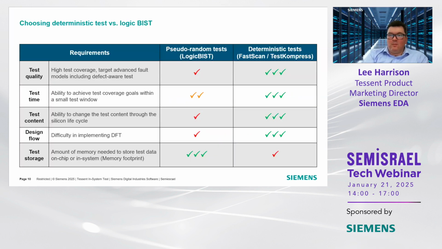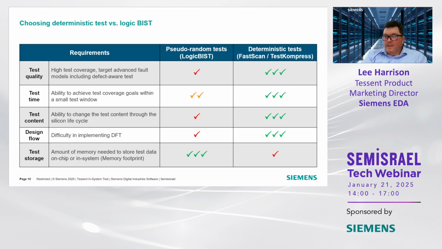So in-system testing isn't a new technology. It's been around for some time in the form of logic BIST. But now we're introducing the ability to run deterministic test patterns in system. Let's just take a look at the comparison between the two technologies and see what the pros and cons are for both.